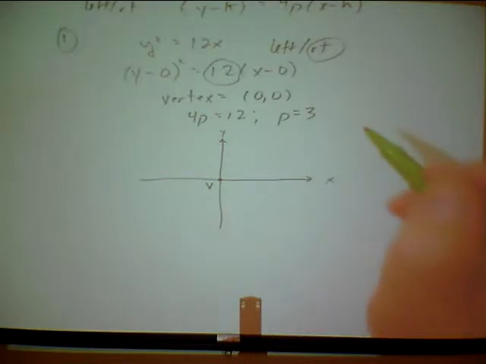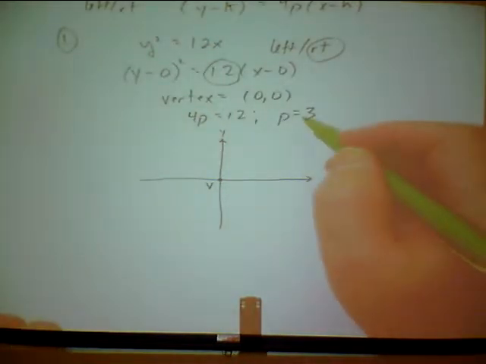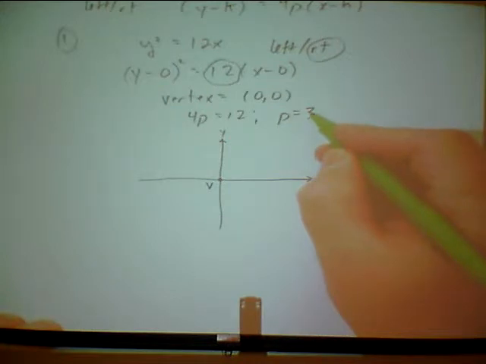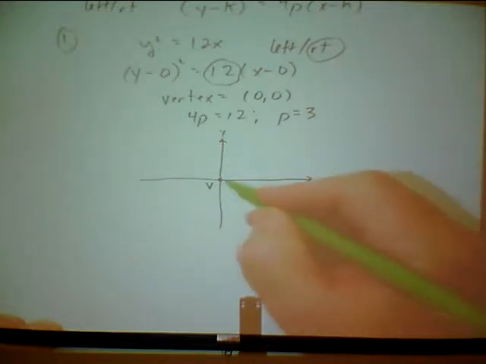I'm now going to graph my focus point, and the focus point is very easy to find. When you're at your vertex, you're going to move a distance of 3 to get to the focus. And the focus is always inside the parabola.